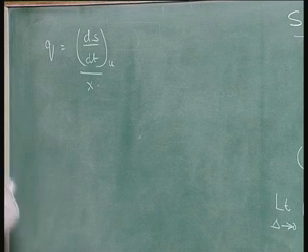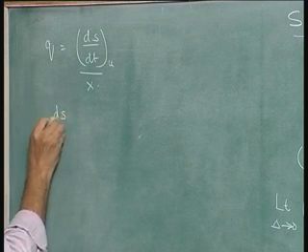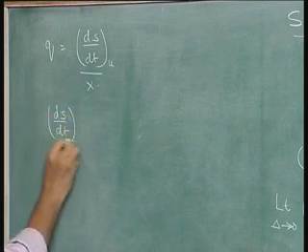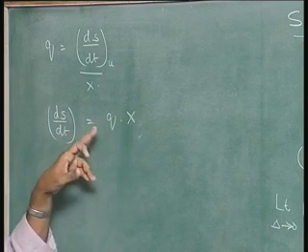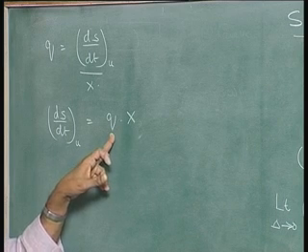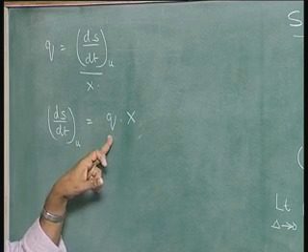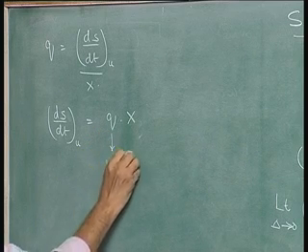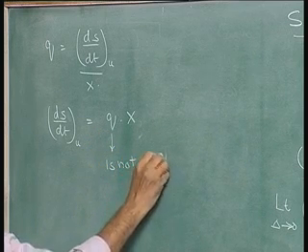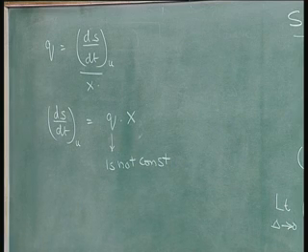In other words, dS by dt utilized is equal to Q into X. And now this Q, specific substrate utilization rate, is not constant, just like mu.